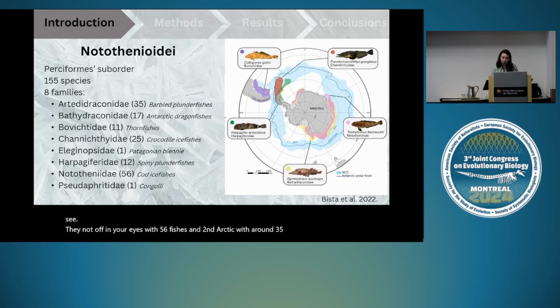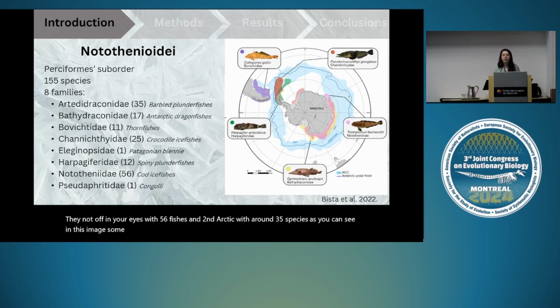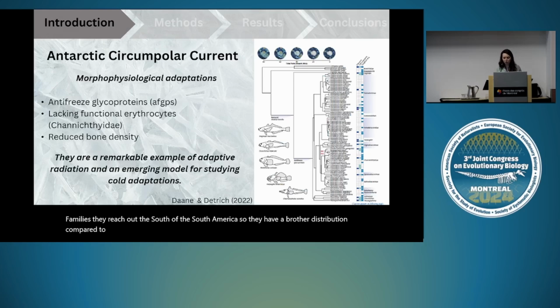As you can see in this image, some of these families have a geographical distribution restricted to Antarctica, associated with the Antarctic polar front, while other families reach the south of South America, so they have a broader distribution compared to other families.